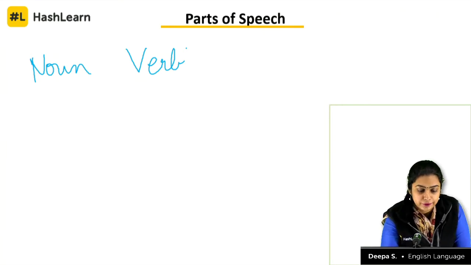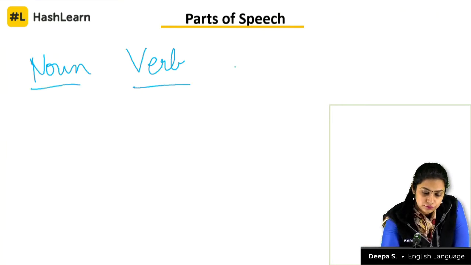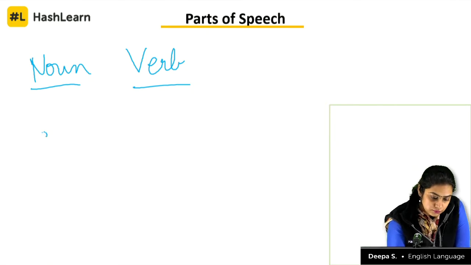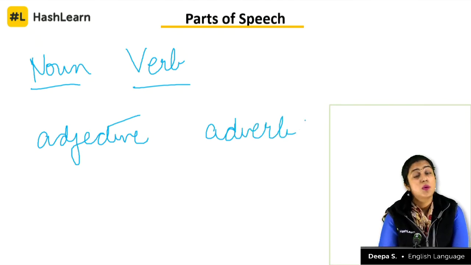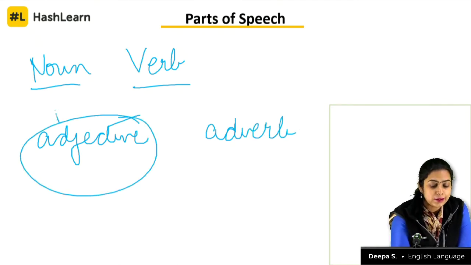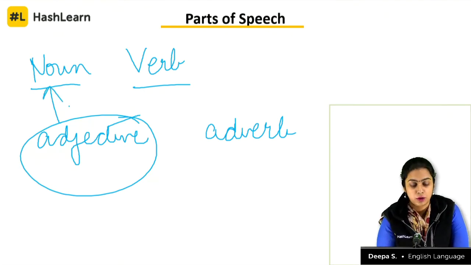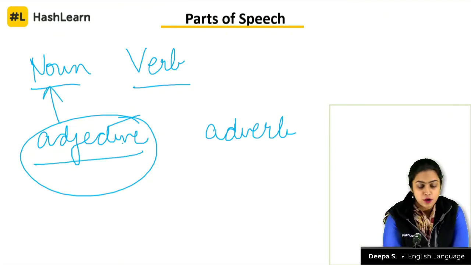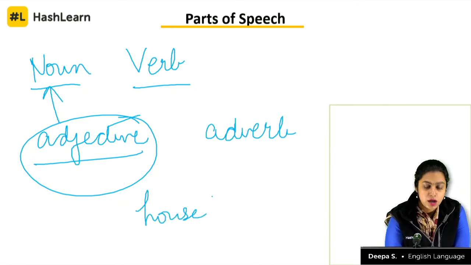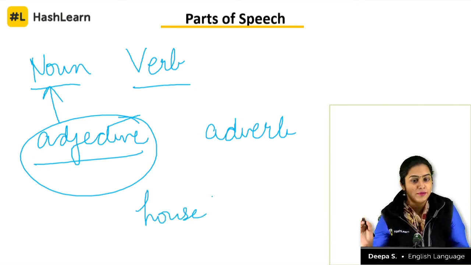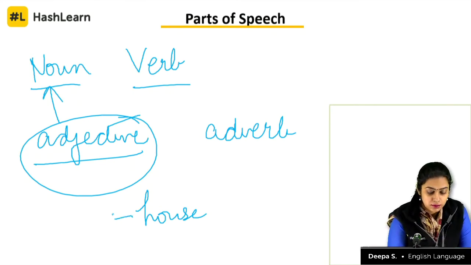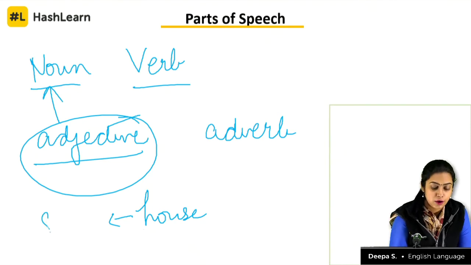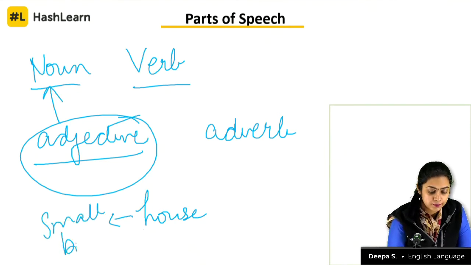Then you have adjective and adverb. What is an adjective? Anything that qualifies or describes a noun is an adjective. For example, house is a noun. Any problem there? You understand that, right? If I describe this house, I can call it small or big.